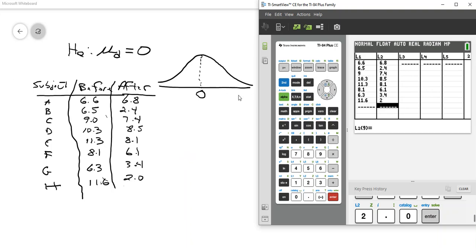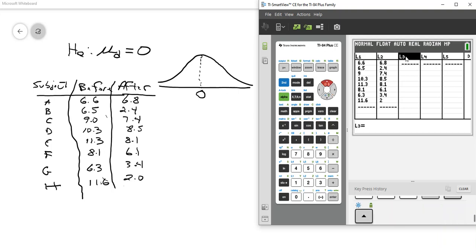All right, here's kind of a tricky thing. Let's go over to L3. I go over to L3 and highlight L3. And I'm going to type in L1, which is that little one right there. So you see L1 showed up here, minus L2, the second function, the number 2 key right there.